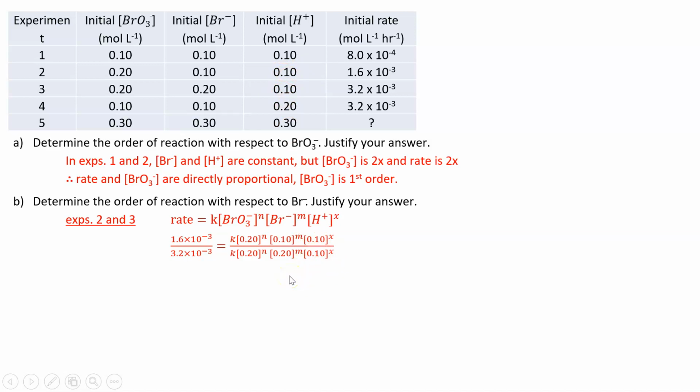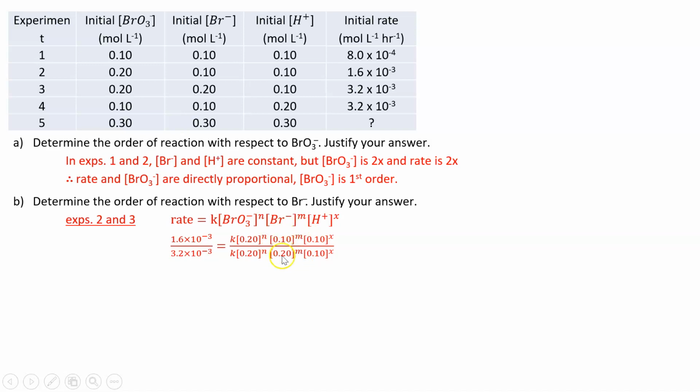Let's look at what we can cancel out. Well, 0.20 to the N and 0.20 to the N can be canceled out because they're identical. K and K can be canceled out. 0.10 to the X and 0.10 to the X can be canceled out. But 0.10 to the M and 0.20 to the M, we can't cancel that out because we don't know what M is.